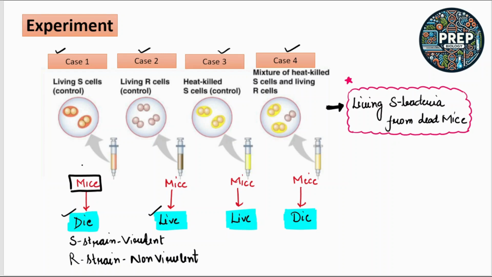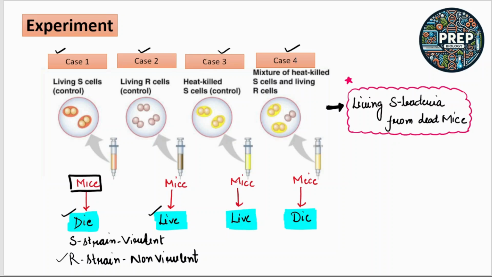Because when he injected the S strain, all mice died, as it caused pneumonia in the mice. But in case 2, in case of the R strain, the mice did not die, they lived. So that's why the R strain is called the non-virulent strain.